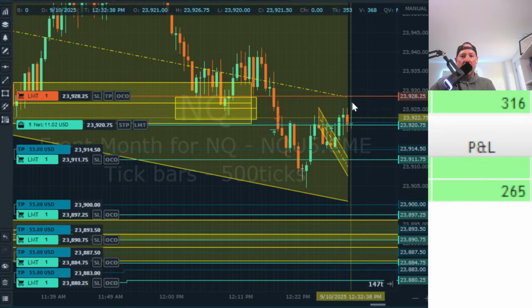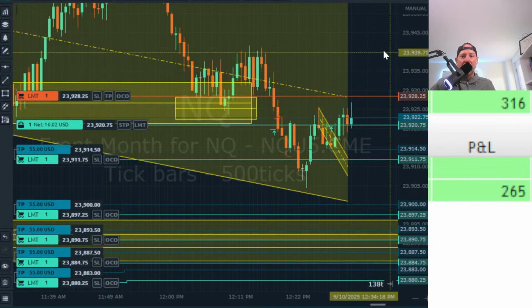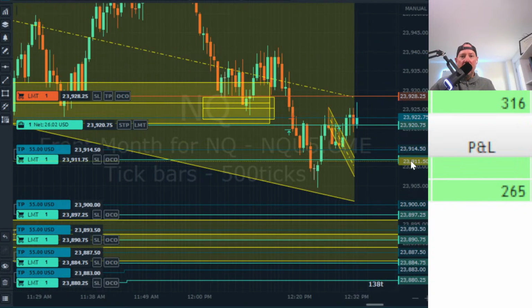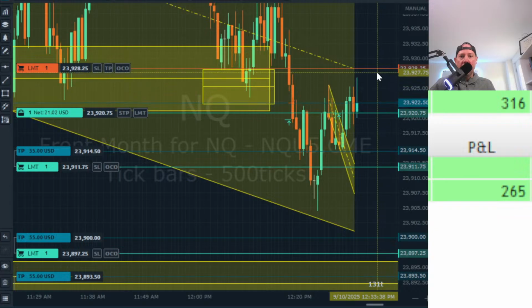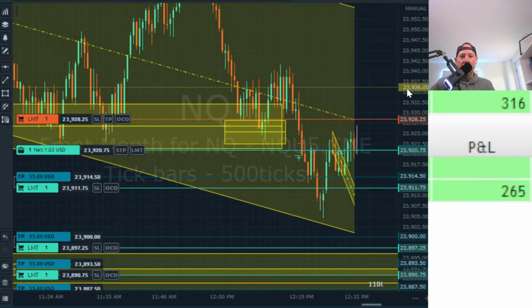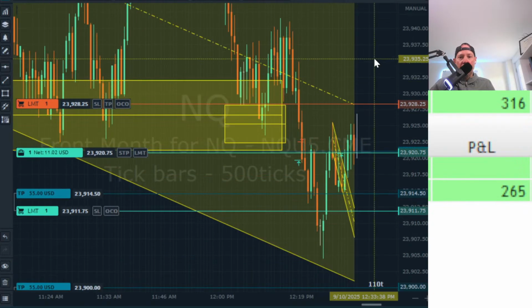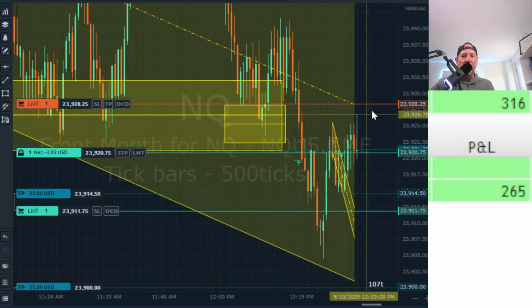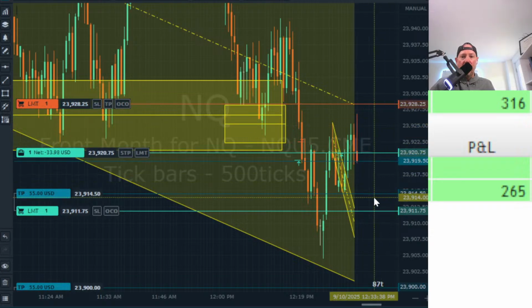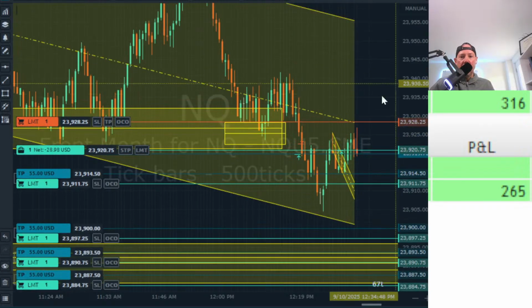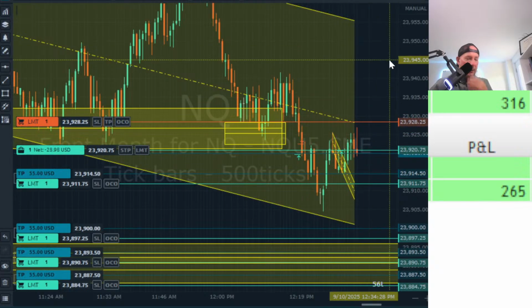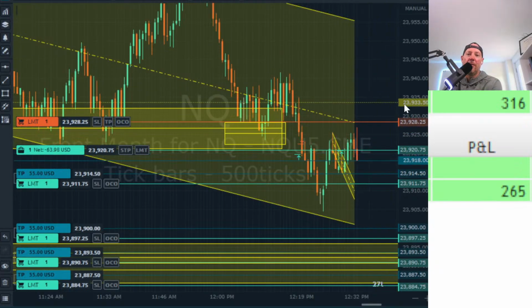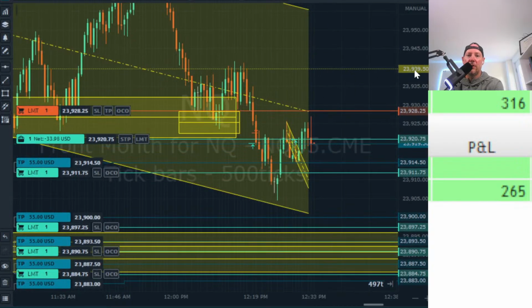I do not like this wick. I mean, I'm kind of getting a little impatient, honestly. Yeah, I don't like that wick. That means like seller stepped in. They might push it back down here. Maybe this trade is already over. This was like a mini bull flag action. I think that's what it's looking like.